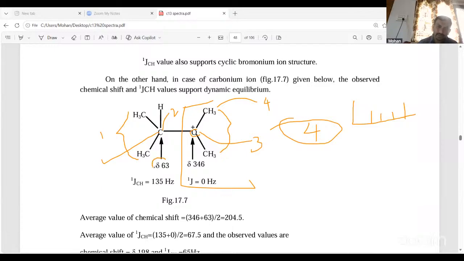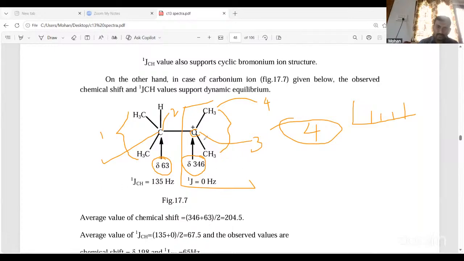One signal appears at 63, and another appears at 346. So how does this take place? How is it taking place here?